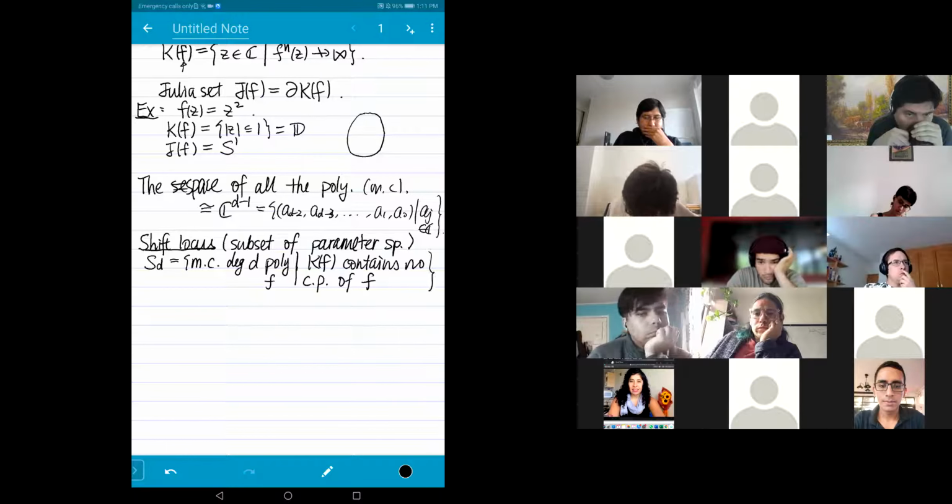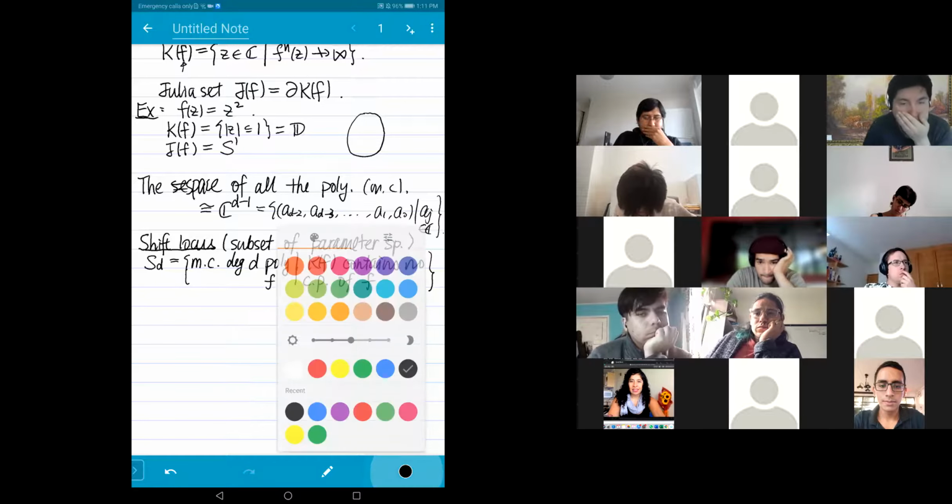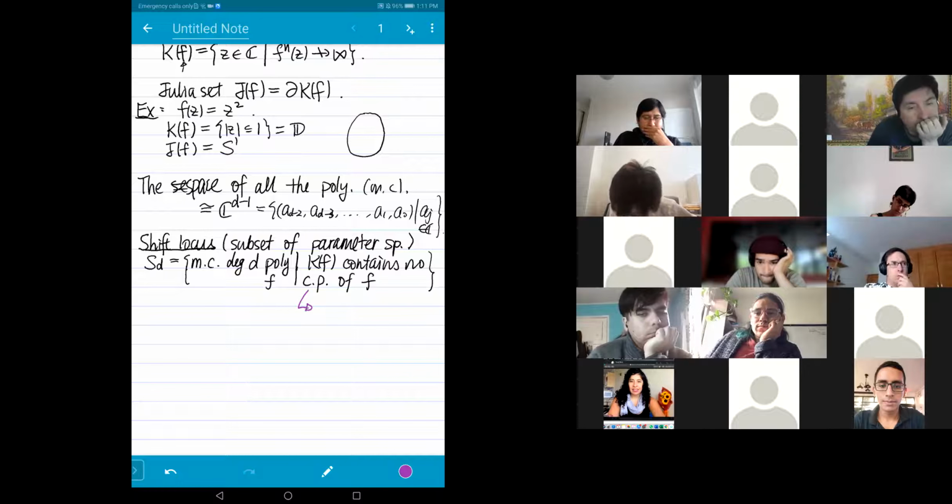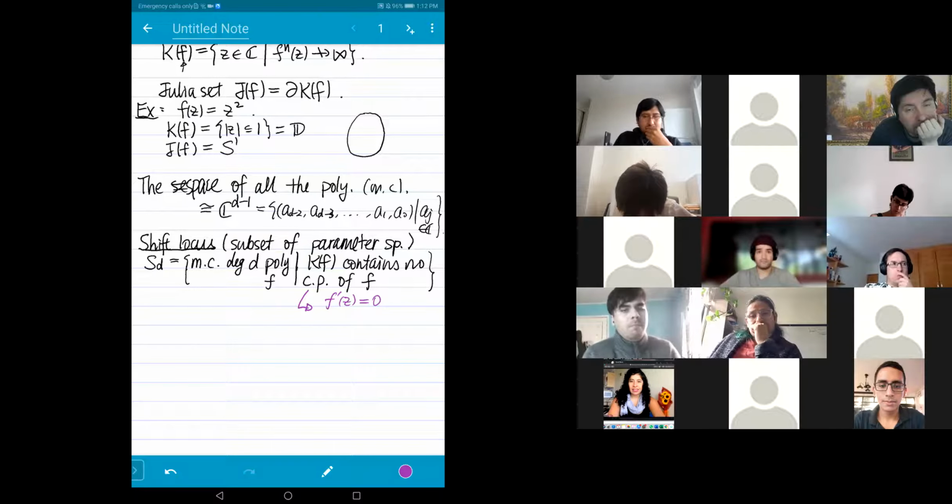So in other words, the critical points are just zeros of the derivative of the map. So that is to say, the critical points will all go to infinity under iterations of the polynomial.